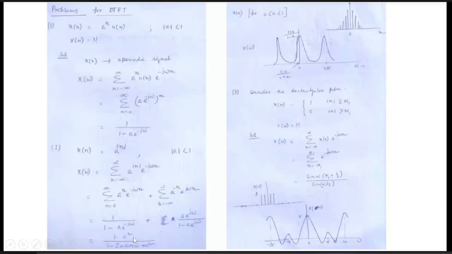And if you calculate this, then you will find 1 minus a square over 1 minus 2a cos omega plus a square.